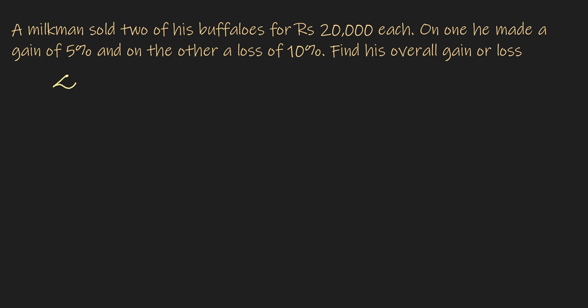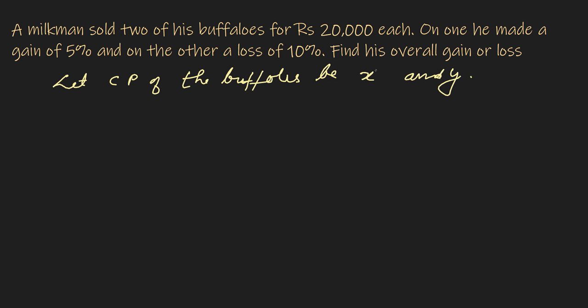Since cost price is not given, let the cost price of the buffaloes be X and Y. That is, cost price of the first buffalo is X and the second buffalo is Y. The selling price for each buffalo is 20,000.